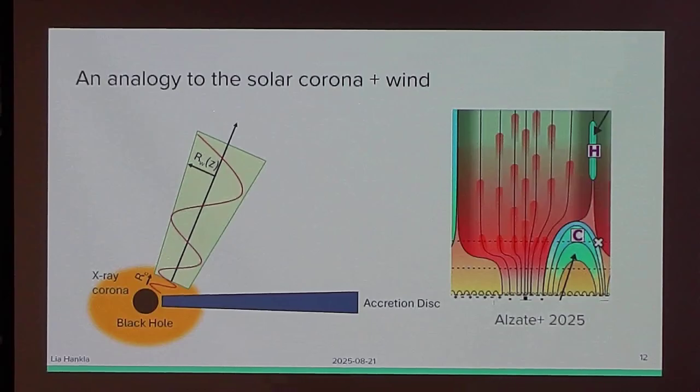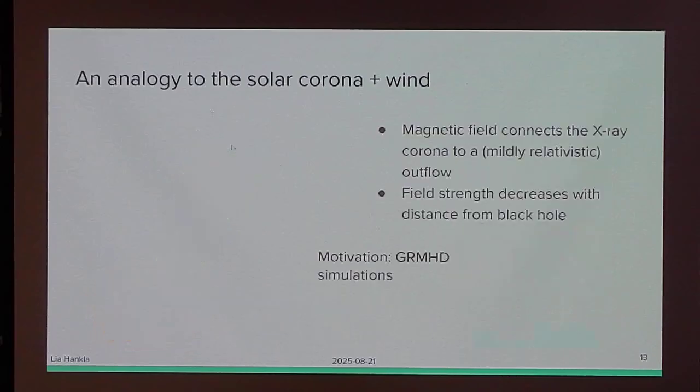Stuart Bale showed this image in his talk, and I liked it so much that I stole it. The idea here is that you have your accretion disk anchoring the foot points of your magnetic field, and then there's turbulence and reconnection going on in this outflow. It's connected magnetically to this outflowing region that is rather analogous to the solar wind.